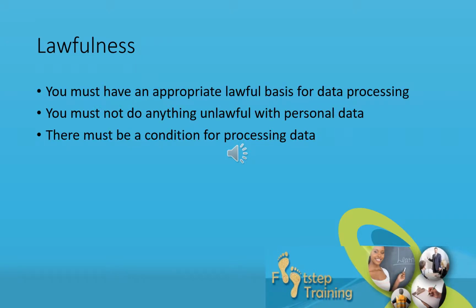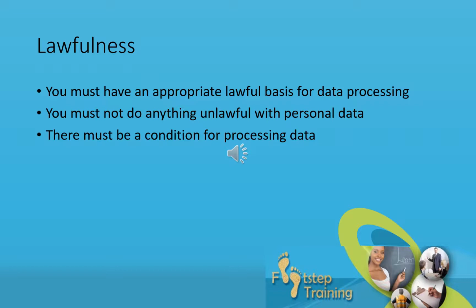Let's think about some of the principles in more detail. First, let's take lawfulness. This principle says that you must have an appropriate lawful basis for data processing. You must not do anything unlawful with personal data. There must be a condition for processing data. For processing of personal data to be lawful, you need to identify specific grounds for the processing.